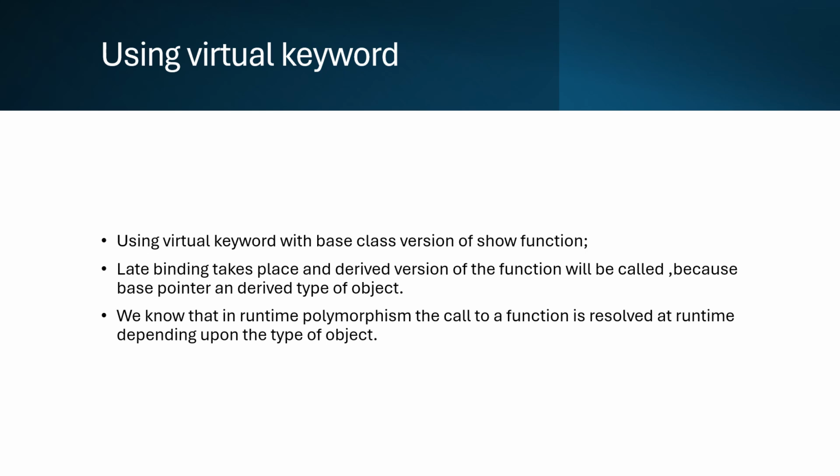Before declaring void show, we use the virtual keyword, so we declare virtual void show in the base class. Using late binding, we derive the derived version. The call to the function is resolved at runtime depending upon the type of object, so it is runtime polymorphism.